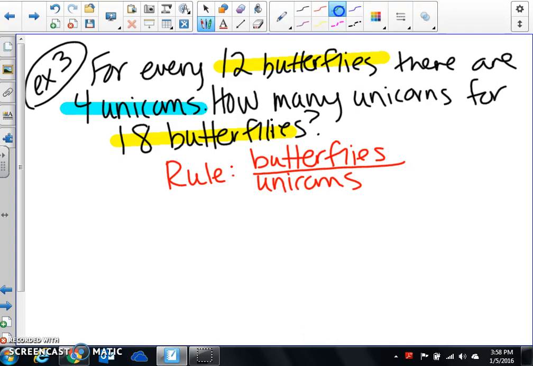Okay, my first piece of information for my first sentence was 12 butterflies, butterflies on top, for every 4 unicorns, unicorns on the bottom. My next sentence, how many unicorns? We don't know. Unicorns is on the bottom, so that's the unknown. For 18 butterflies. Butterflies is on the top.